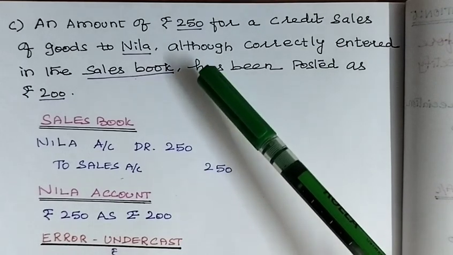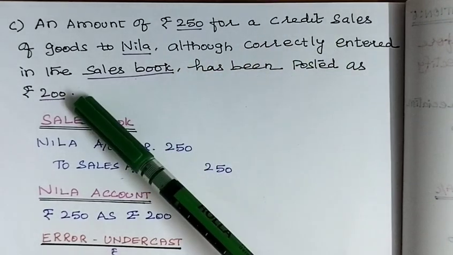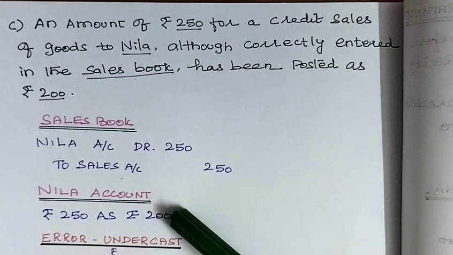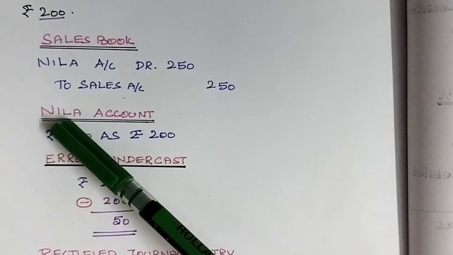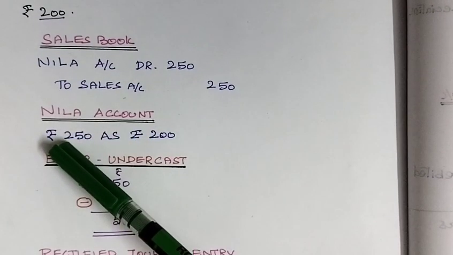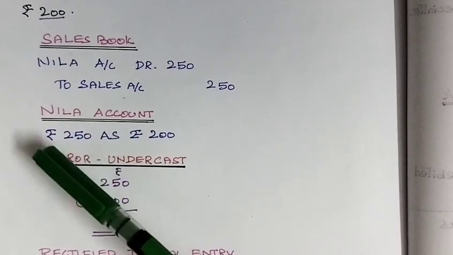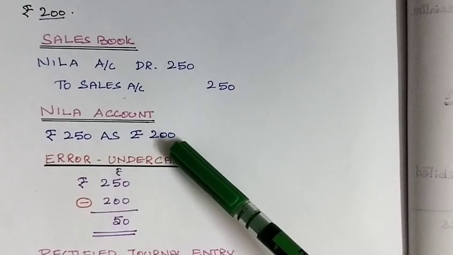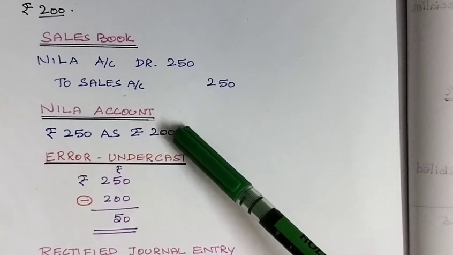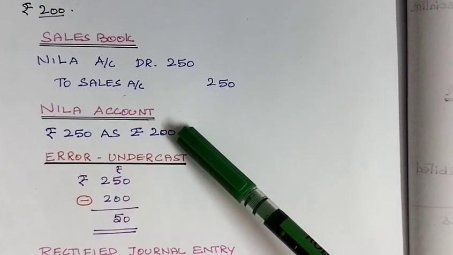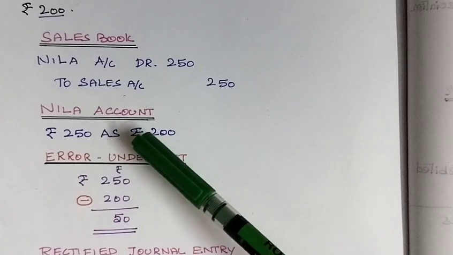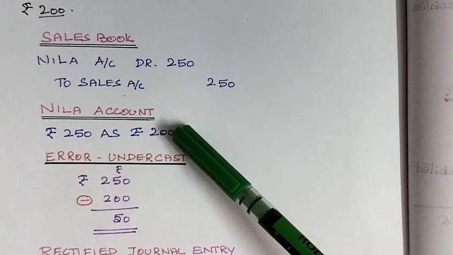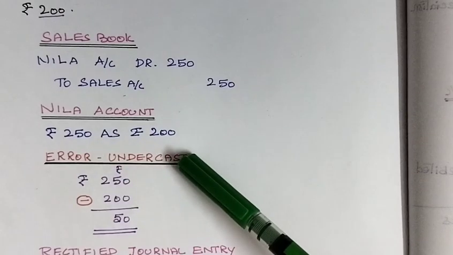Then it has been posted as 200. Instead of 250 you entered 200. So in the Nila account you have to enter 250 rupees, but instead you posted 200. So where is the error? The amount is the error. Instead of 250 you entered 200, which means undercast.